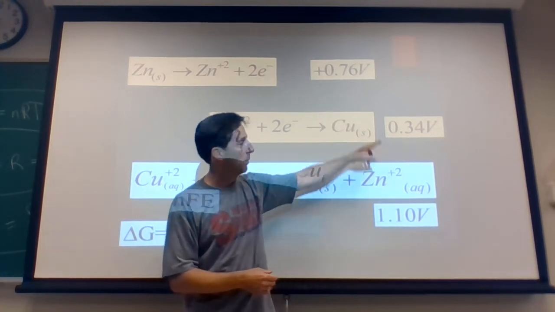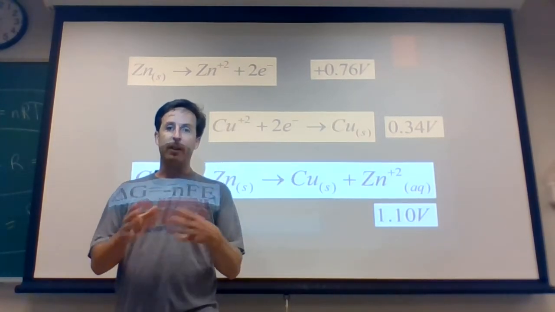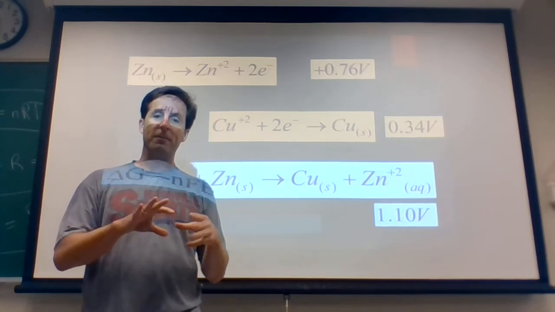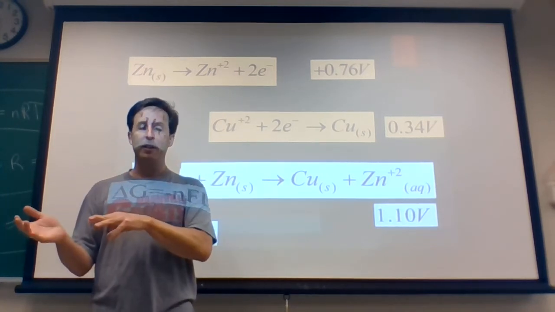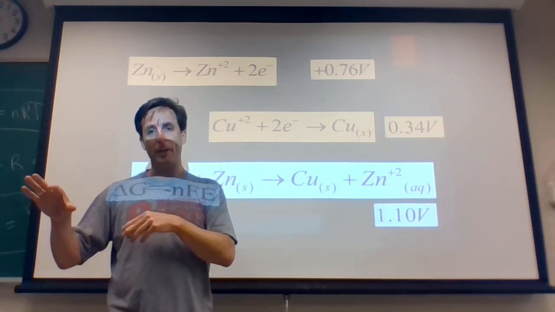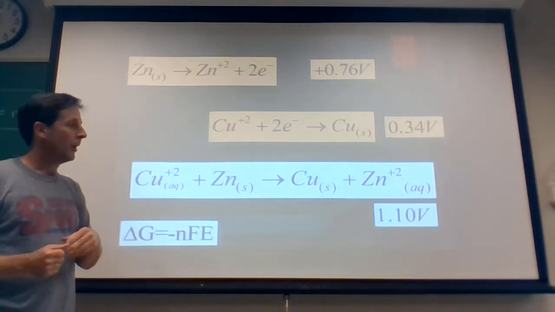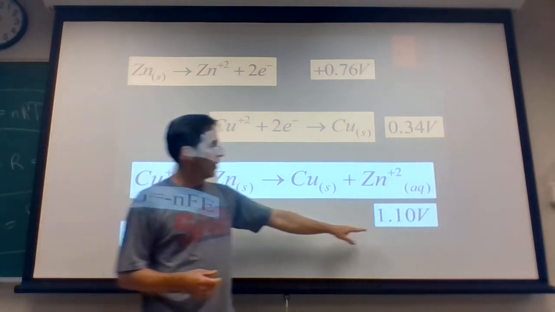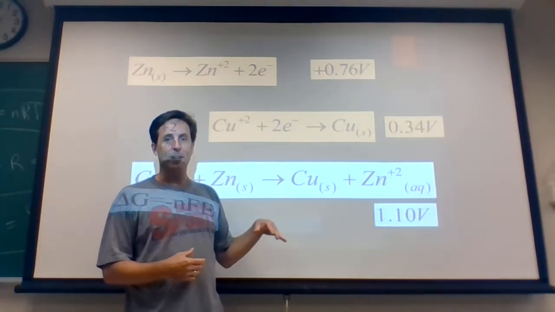So all of these numbers are for standard conditions. If we change from standard conditions to non-standard conditions, we take away the naught symbol and we'll have to do a slightly different calculation in that case. Now, the E value is 1.10 volts for this reaction at standard conditions.